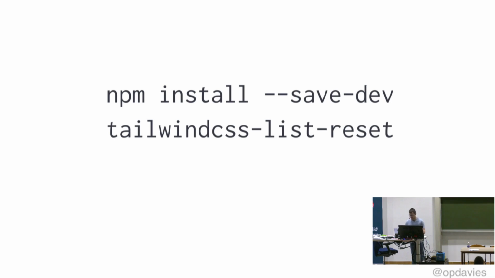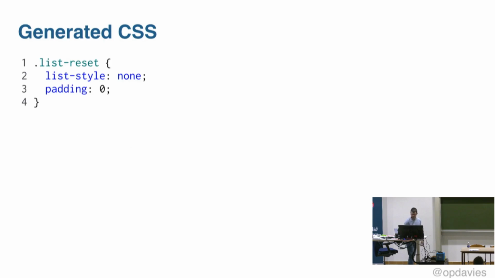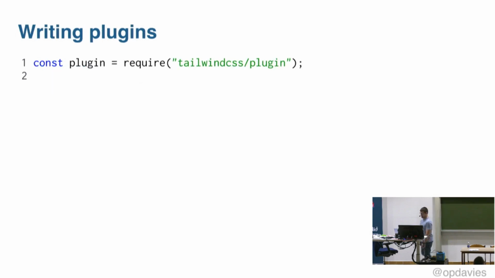It's one that I wrote because I used to have a list reset class and removed it before 1.0, and I was using it, so I wanted it back. So I made one, so I can add it, and it goes into that plugin section at the bottom, this bit. So I can just require it, and it will add the things in. This is all it does. It just adds this list reset class back in. Still no padding 0, but it's just that I was using it already.